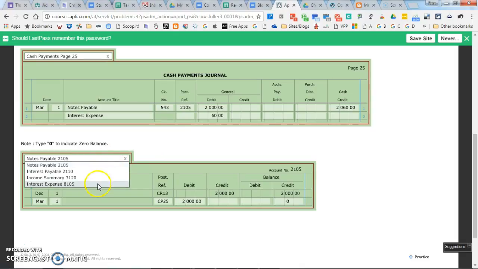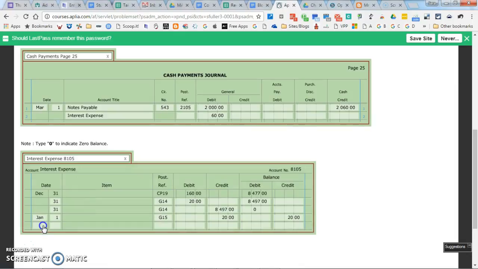And then interest expense. So March 1st, CP 25. It's a debit of $60. And if you remember, for an expense our normal balance should be a debit. So we're going to have basically a negative 20 plus 60. So our new debit balance is $40.